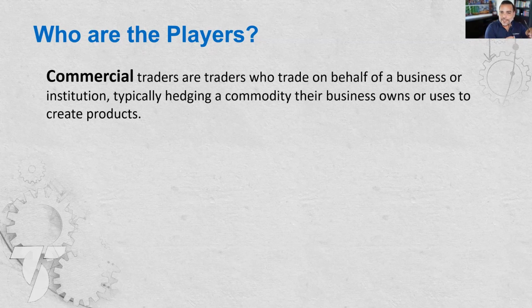I'll give you a clear example. Let's say your interest is corn as a business. Let's say you're Kellogg's, the company that produces cornflakes. They're interested in corn because they need corn to produce cornflakes. But as a business strategy, they're going to trade in the futures market to guarantee some price, some sales price.